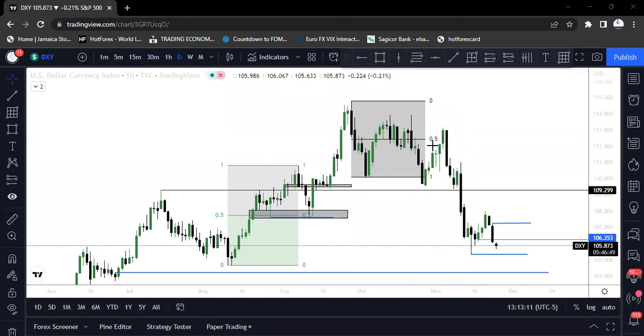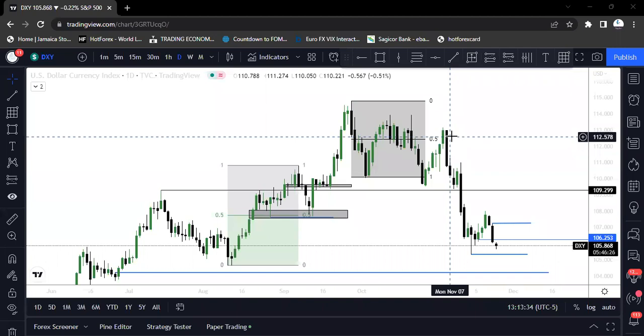But then as you got more knowledgeable, you realize that that's not always the case. And you can factor in different relationships between the range in London and New York, such as London is largely known for creating stops or running stops. What happens if there's a London session that's consolidating?